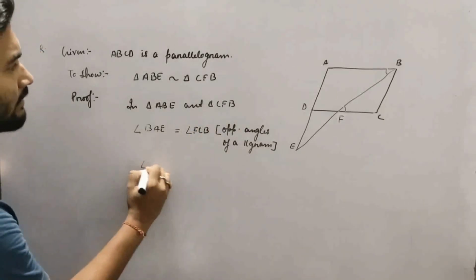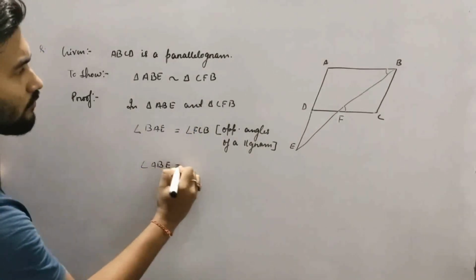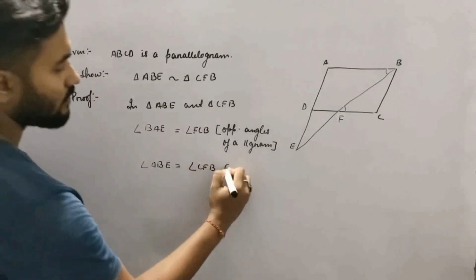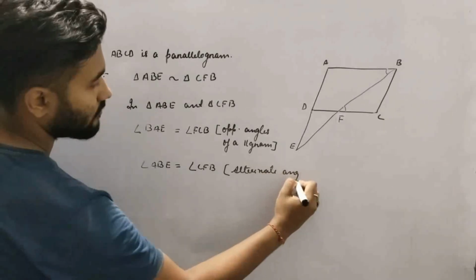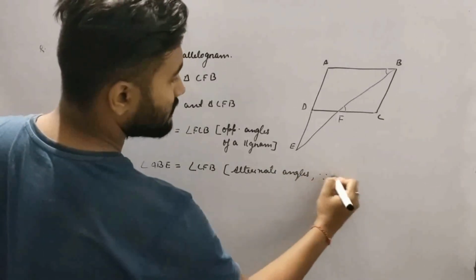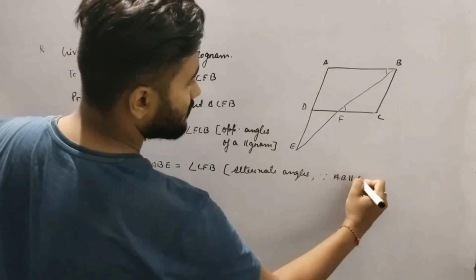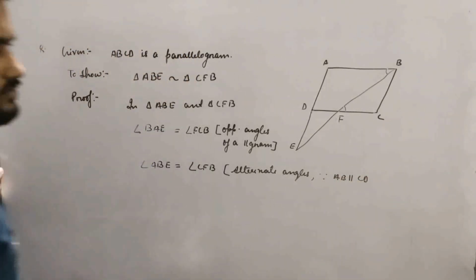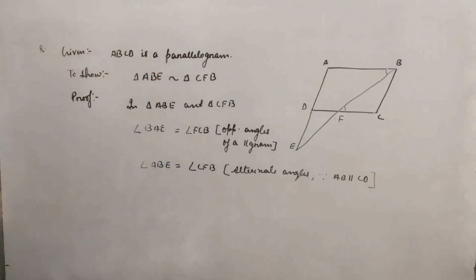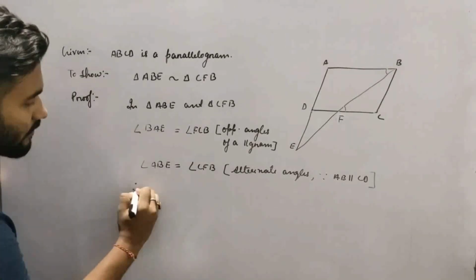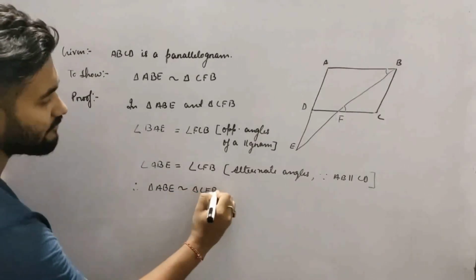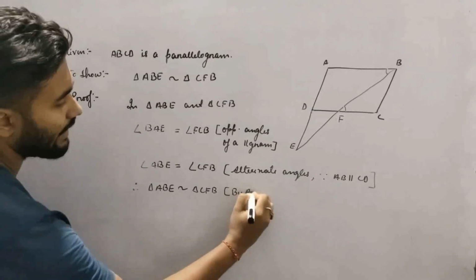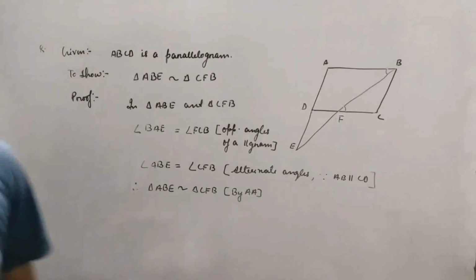So write there angle ABE will be equal to angle CFB, alternate angles. You can write since AB is parallel to CD. Why is AB parallel to CD? Because ABCD is a parallelogram. Okay, so done. Two angles we have got. So therefore, triangle ABE is similar to triangle CFB by angle. So done. Okay.